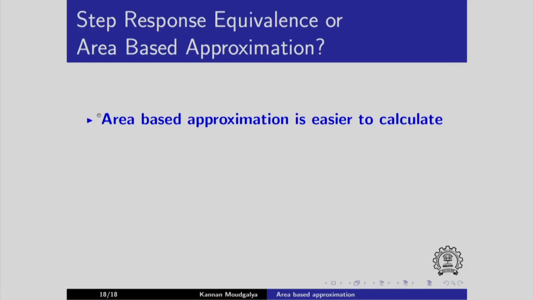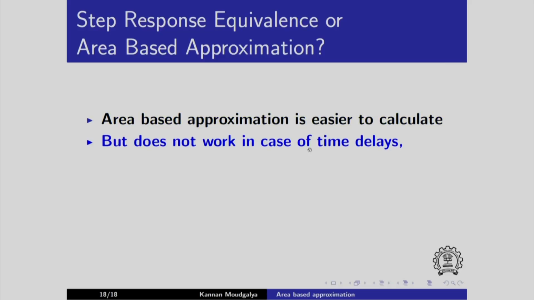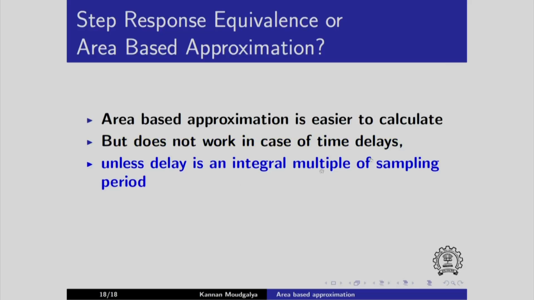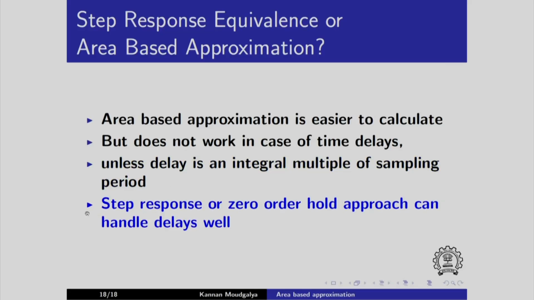You will agree that area based approximation is easier to calculate, but it does not work in case of time delays, except when delay is an integral multiple of sampling period, whereas the step response or zero order hold approach can handle delays as well. With this, we have come to the end of this presentation.